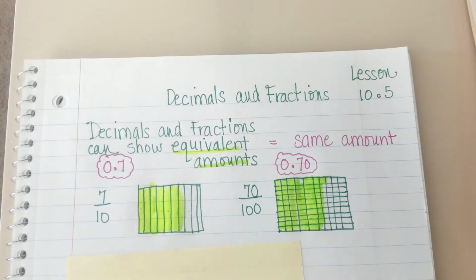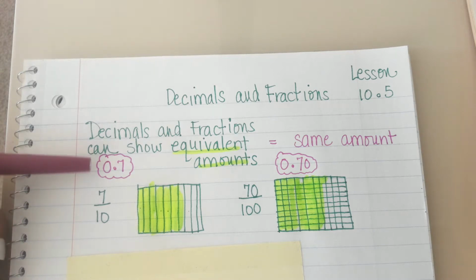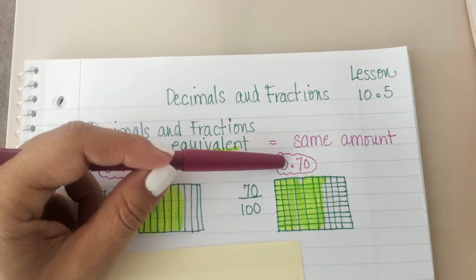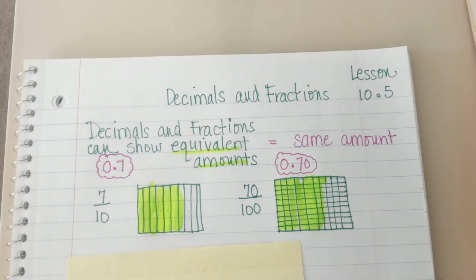Okay, so we have 7/10, 70 hundredths. They are equivalent. It's the same amount colored in. The fraction notation is 7/10. The decimal notation is 7/10. 70 hundredths, decimal notation 70 hundredths.